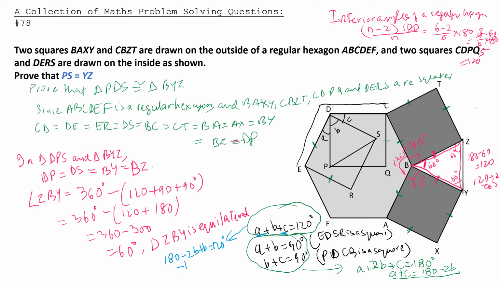So we get minus B equals 120 minus 180, and minus B equals minus 60 degrees, so B equals 60 degrees. So we know that this equals 60 degrees.